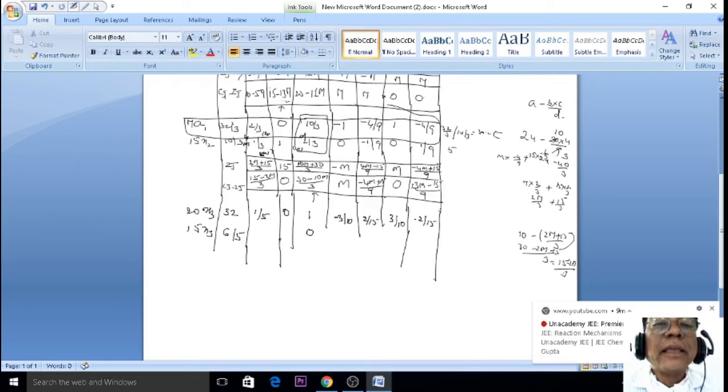B, A straight always, C, D is the key element, always D. Let's apply our formula: 1 by 5 and this 1, A means 1. And come to this: 0 minus, and this one, 0 by 3 and 0, 1 by 5.